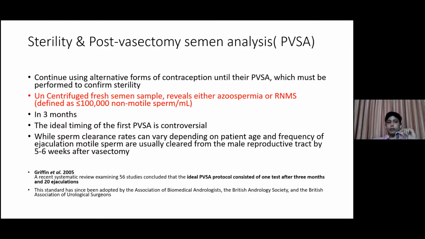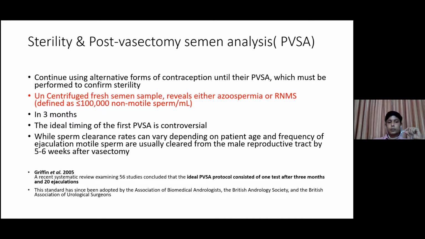And post vasectomy, when do we consider the patient sterile? As I mentioned earlier, according to the guidelines, they have to use contraceptive methods for 3 months. After 3 months, we have to go for a semen analysis, where we take the uncentrifuged sample, not the centrifuged sample. There the patient should have either azoospermia or rare non-motile sperm, which is considered less than 1 lakh non-motile sperm per milliliter.